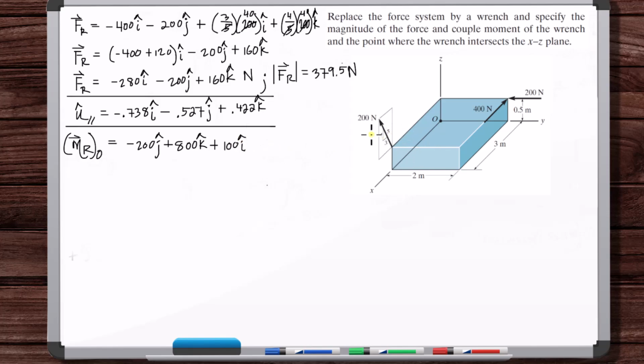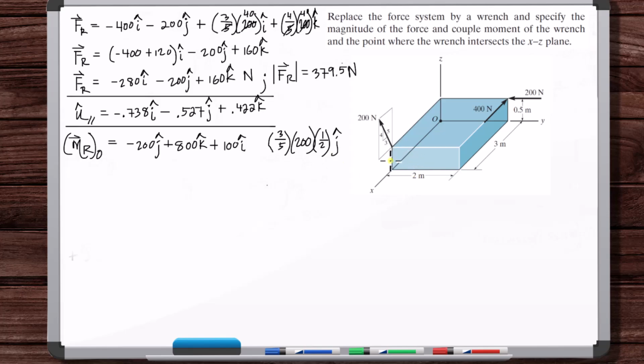Now this force is in the xz plane, which means it's only causing rotations about the y-axis. So the x component is 3/5 times 200, with a moment arm of 0.5, so 1/2. This is causing rotation about the j hat.